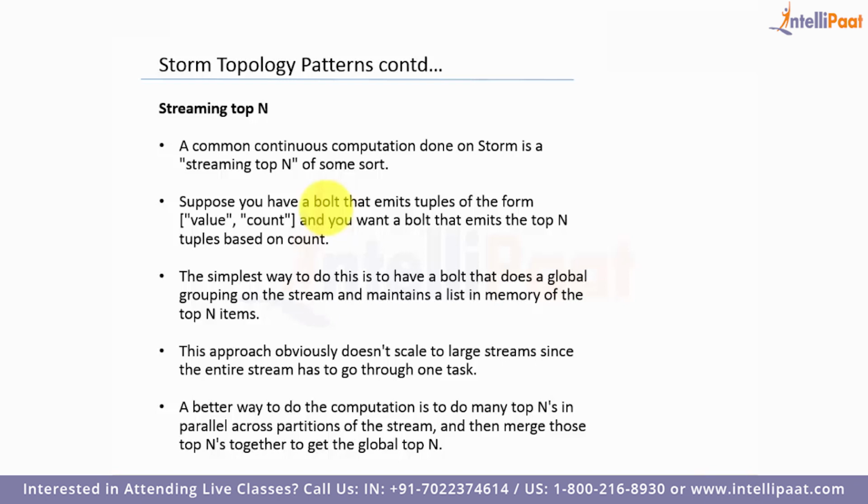Once they are done calculating the top N trends, we can write all of them to a single bolt again, which is going to take the top N records, club them together and give us the top N trends. This is a far more efficient way of doing a streaming top N implementation of this example, which in this particular case is the Twitter API example.